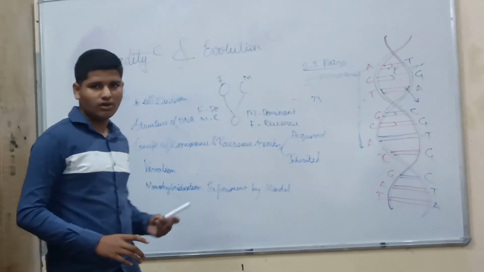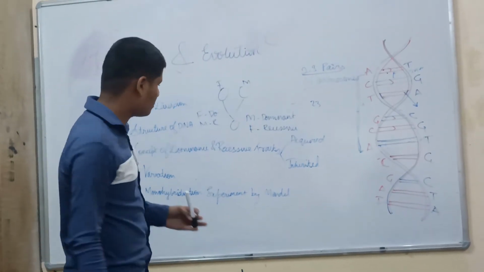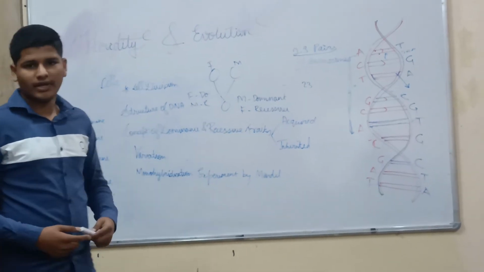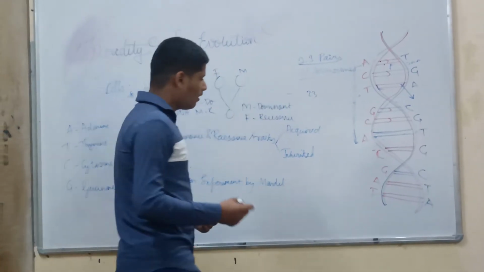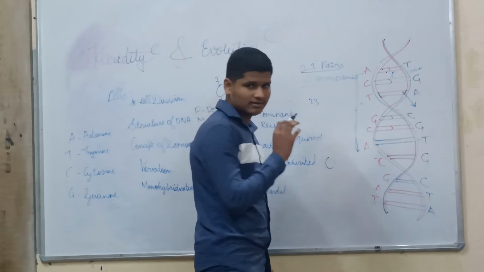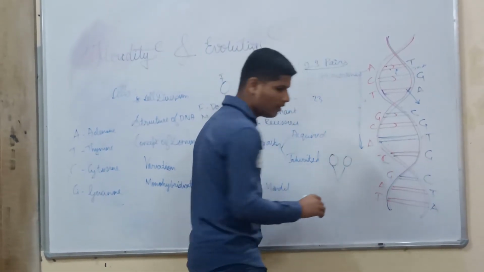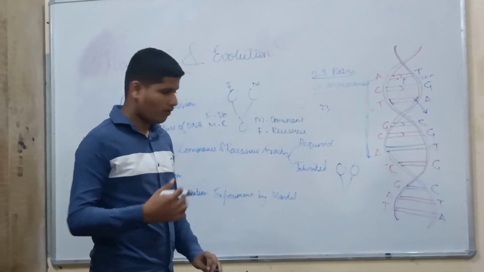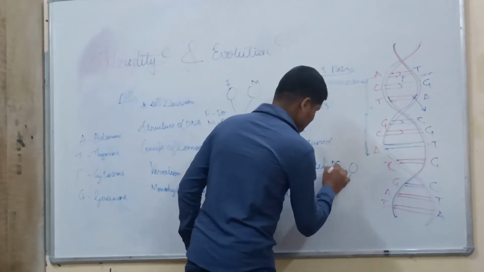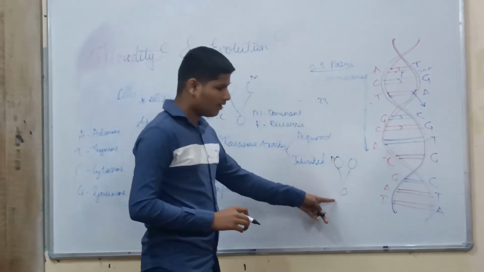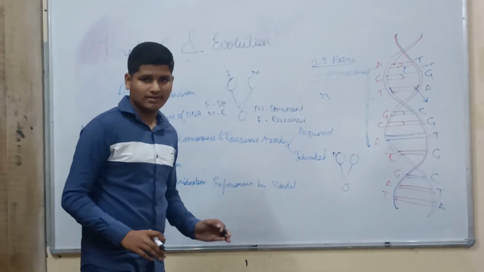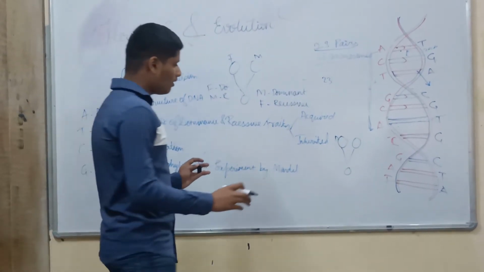Some diseases are also transferred from one generation to another. We can take the example of Parkinson's disease. If a person is suffering from Parkinson's disease and the new generation luckily turns out normal, it doesn't mean that Parkinson's disease is extinct.